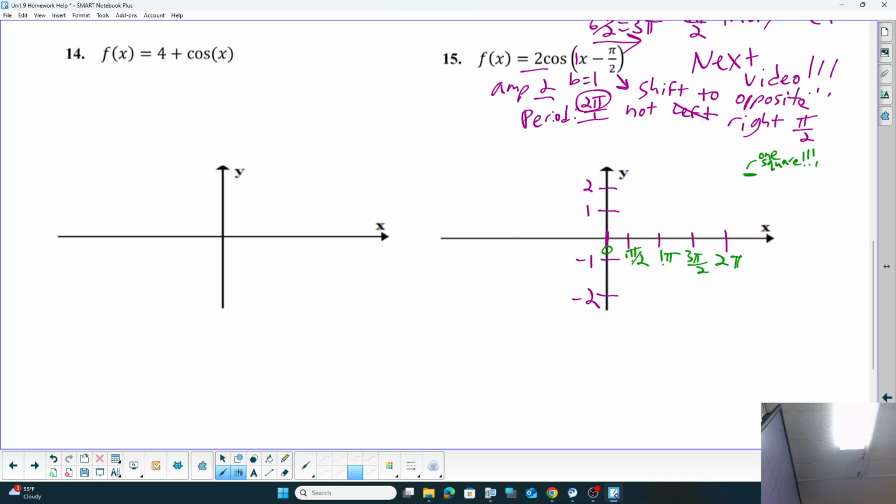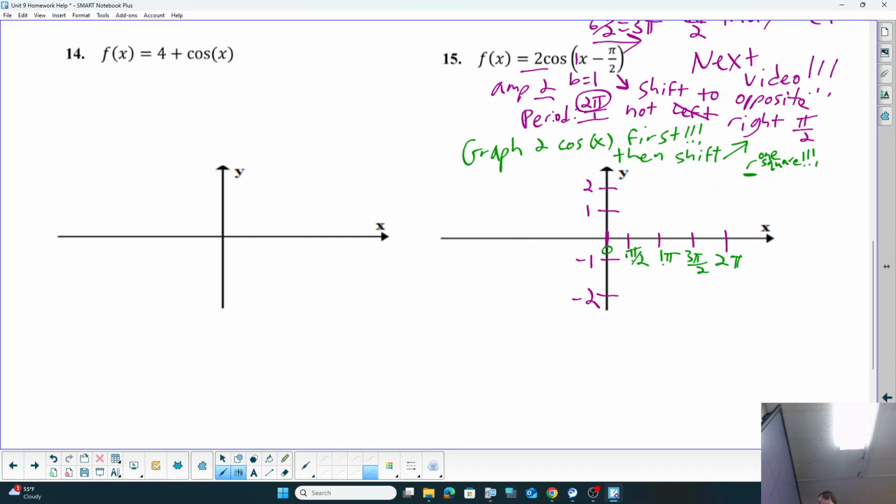Okay, so we're going to graph cosine first. So graph 2 cosine x first. Then shift. Then shift right pi over 2.